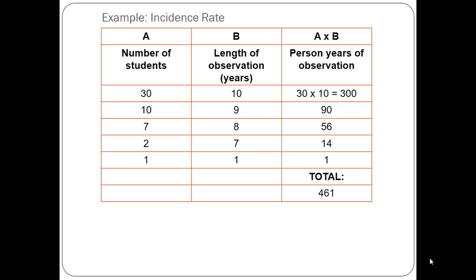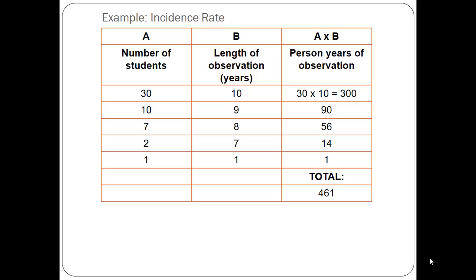Here's another example of incidence rate of heart attacks observed over a 10-year period, although not all students were observed for the entire 10 years. As can be seen from the table, 10 students were observed only for 9 years, 7 students only for 8 years, 2 students for 7 years, and 1 student for only 1 year. Multiplying the number of students by length of time observed, or column A by column B, gives the right-hand column and a total of 461 person years.